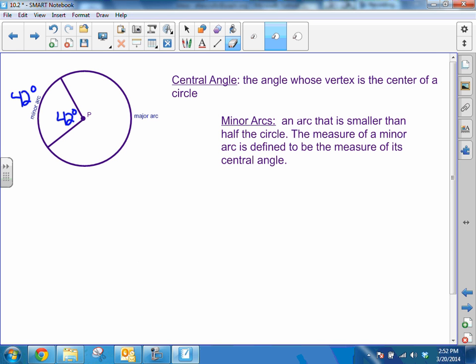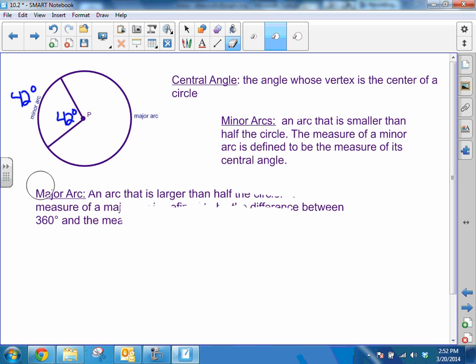Major arc, what does that have to be bigger than if it's a major? 180, yep. And if I knew my central angle and my minor arc were 42, how am I going to get my major arc? Take 42 away from 360. Very good. So, definition of a major arc.